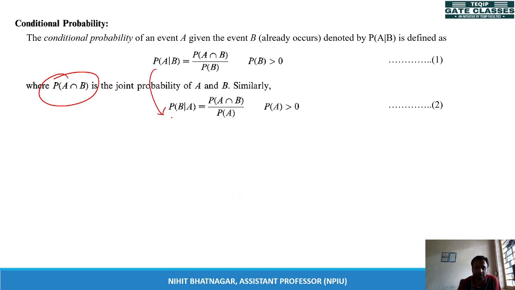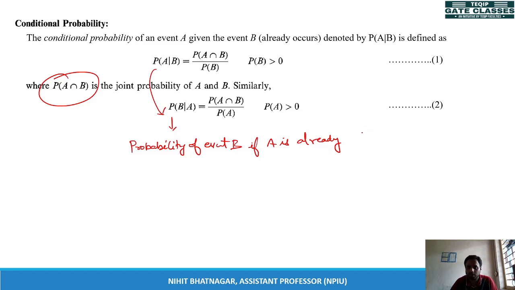It means the probability of event B if A has already occurred.